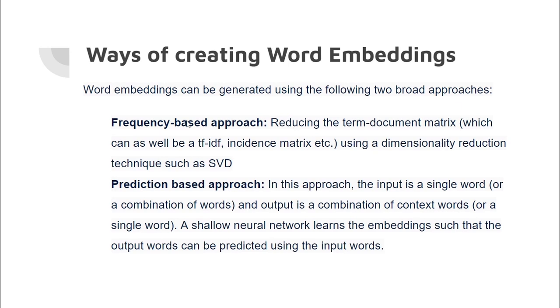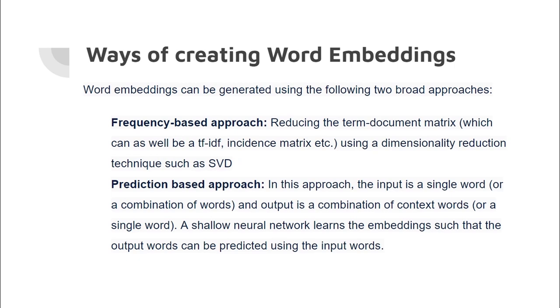We will apply this frequency based approach in order to reduce the term document matrix, which can also be termed as a TF-IDF or incidence matrix, etc., using a dimensionality reduction technique such as SVD. SVD is elaboratively known as singular value decomposition.